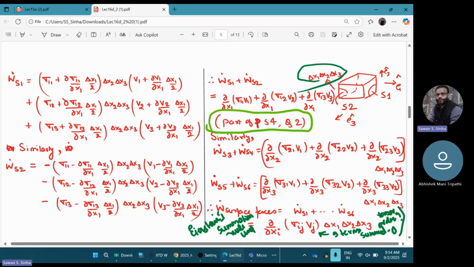Exactly, that is the reason. This is our sign convention: if we create a freshly cut surface, and its unit normal and the force direction are in different directions, it will be negative. I need all forces in the plus E1, plus E2, plus E3 directions. For the force in plus E1, if I go to S1 I get it from this, from here to here. To get the force in one direction on the S2 face using the same strategy of using sigma components and area, if you go only with this much, you are getting a force in the minus E1 direction.